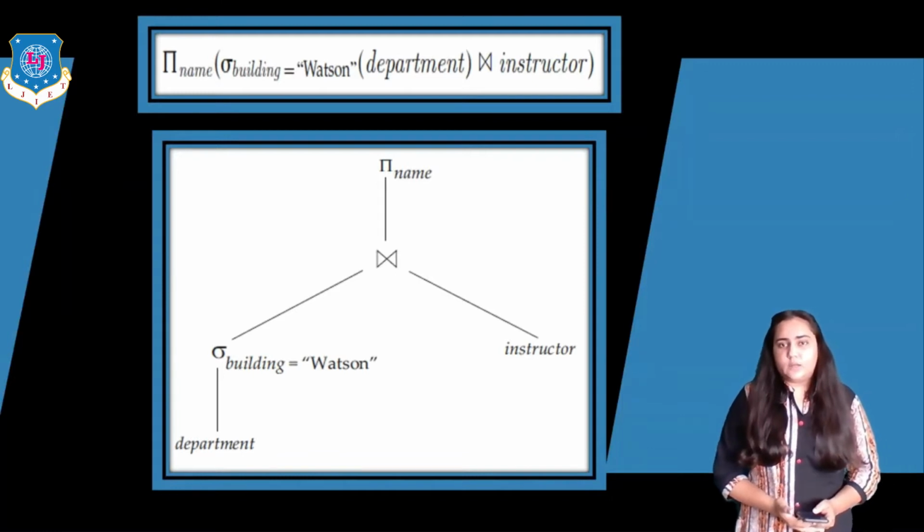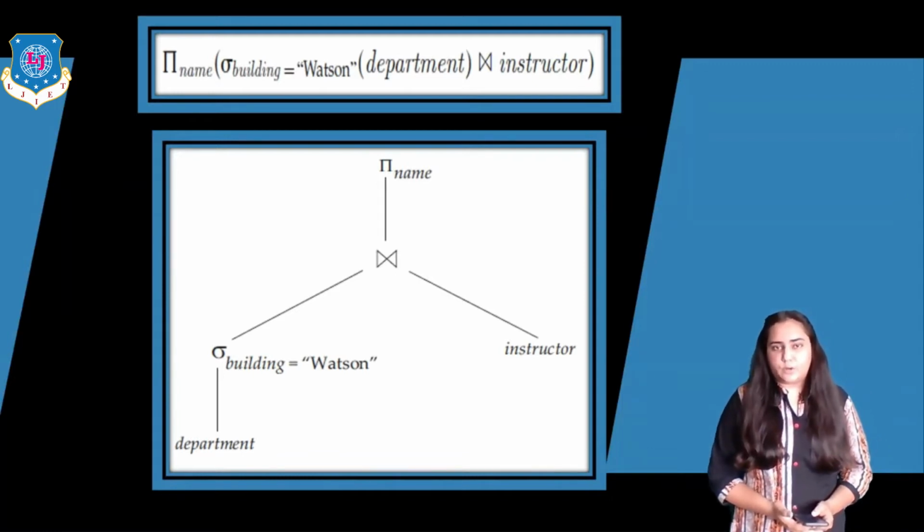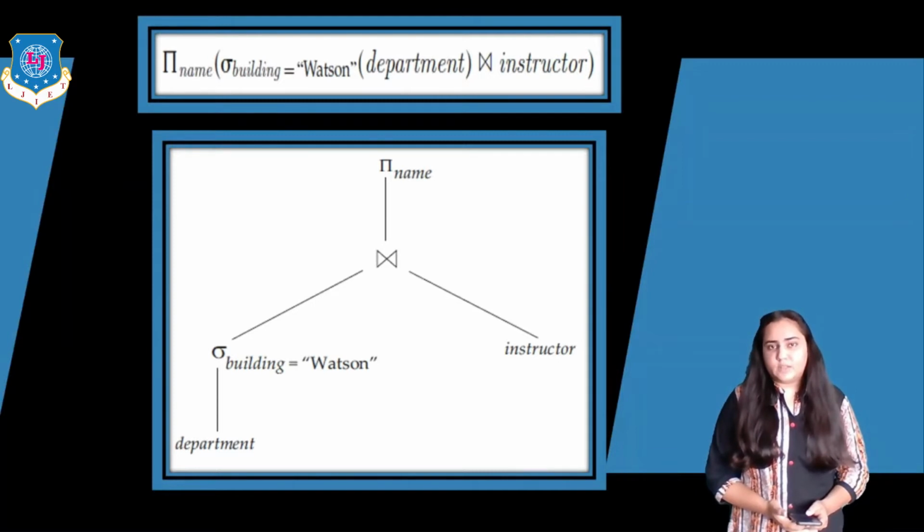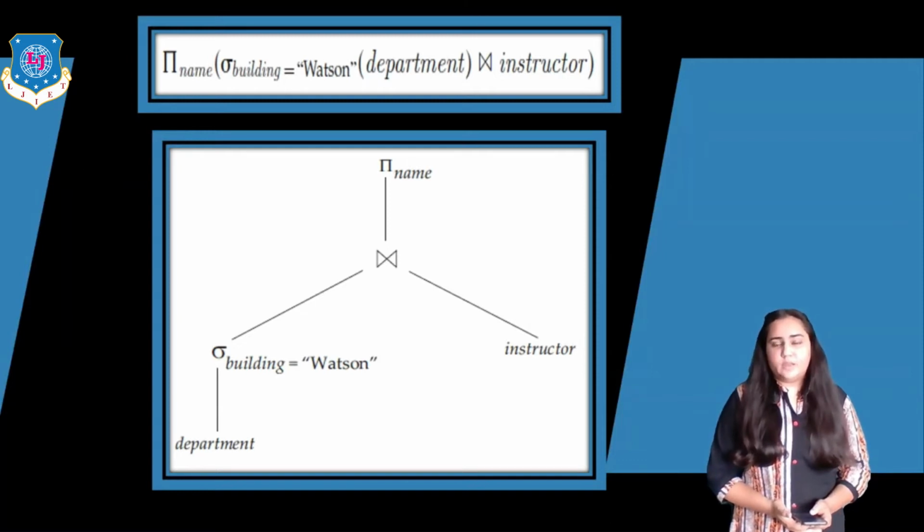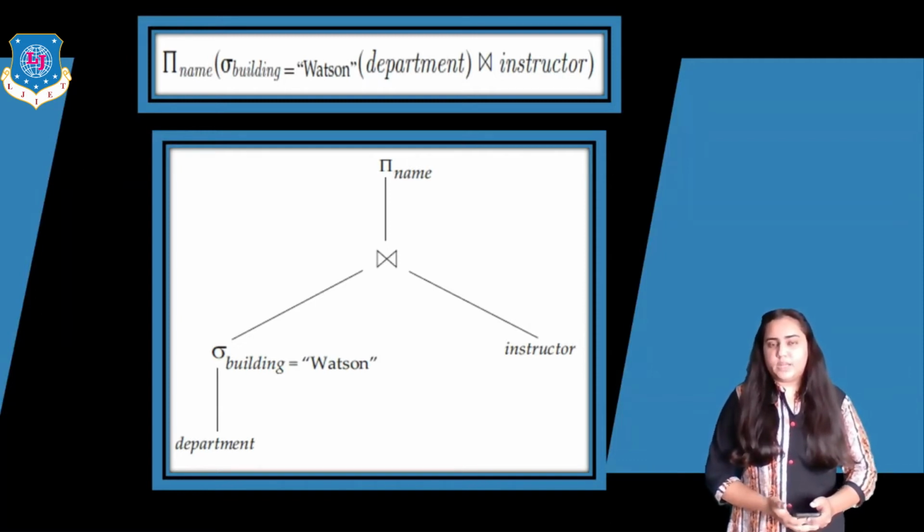At the bottommost part, we have department, on which I have applied the sigma operation and taken out all departments that belong to the building Watson. Then the natural join is taken between the result of all departments belonging to Watson building and all instructors. Once the join is taken, the projection on name operator is used, which will help us get only the name column.